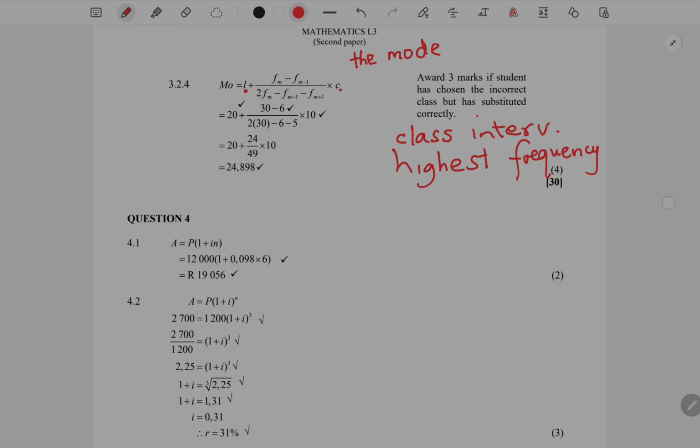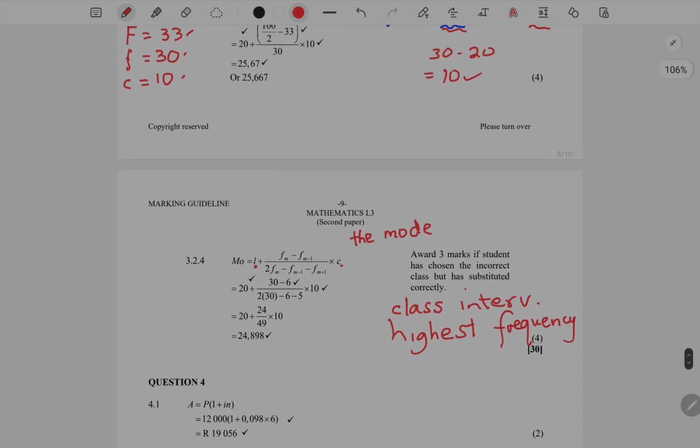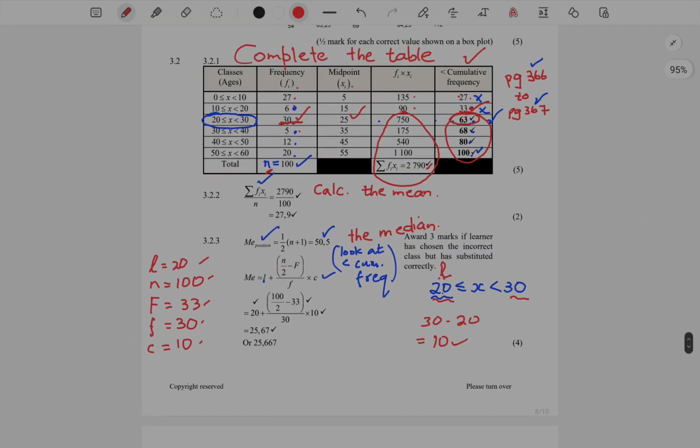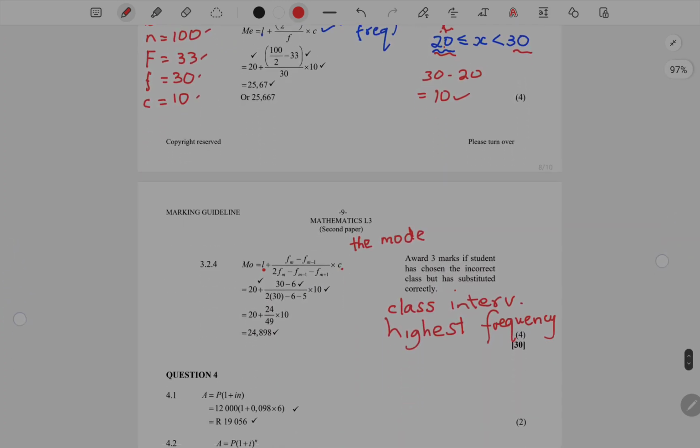Let me move back for the mode. If you look at the column of frequency, which class has the highest frequency? It is this class, the same class as the median.